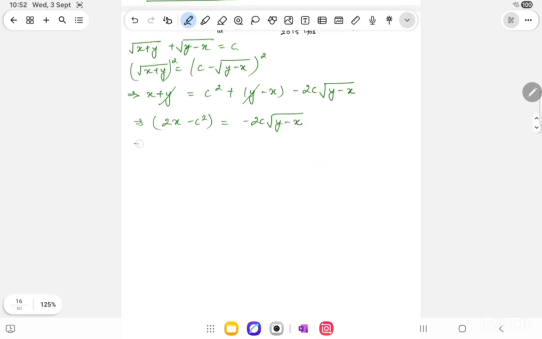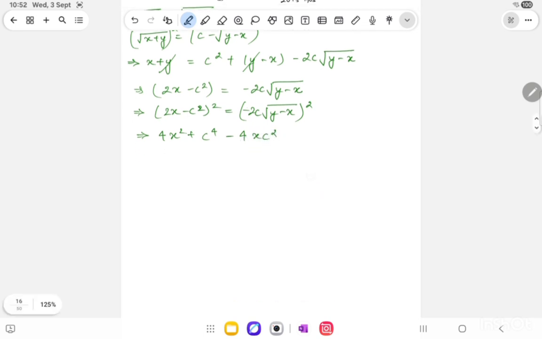I can take a whole square of both sides, so I'll be getting 2x minus c square whole square is equal to minus 2c under root y minus x whole square, which is basically 4x square plus c raised 4 minus 4x c square, which is equal to 4c square into y minus x.